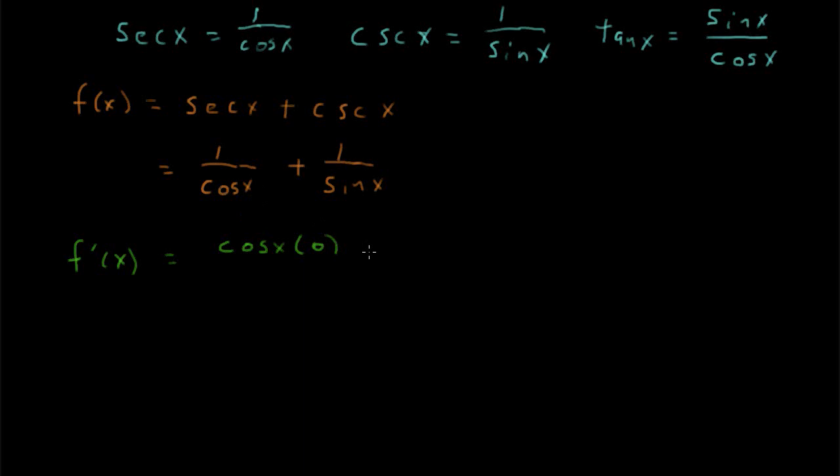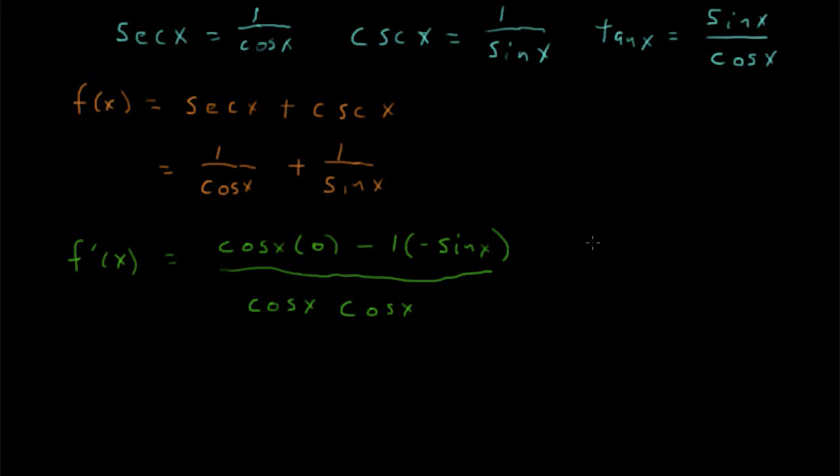It's 0. Minus high, that's 1 in the numerator, times the derivative of the denominator, which is minus sine x. And then that's all over the square of the denominator, which we can write as cosine x times cosine x.